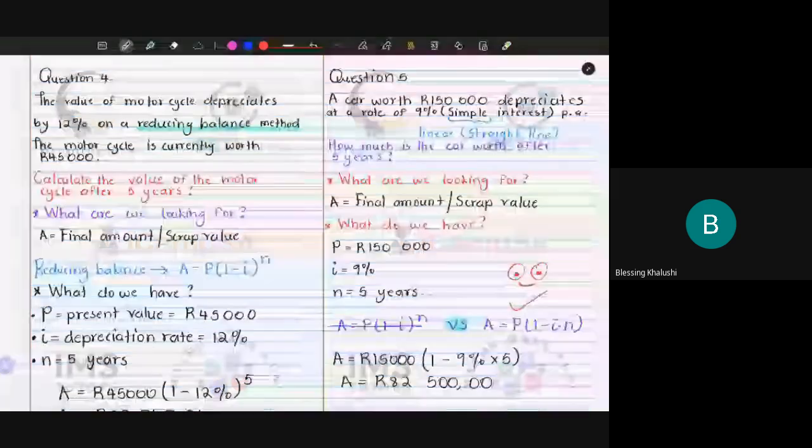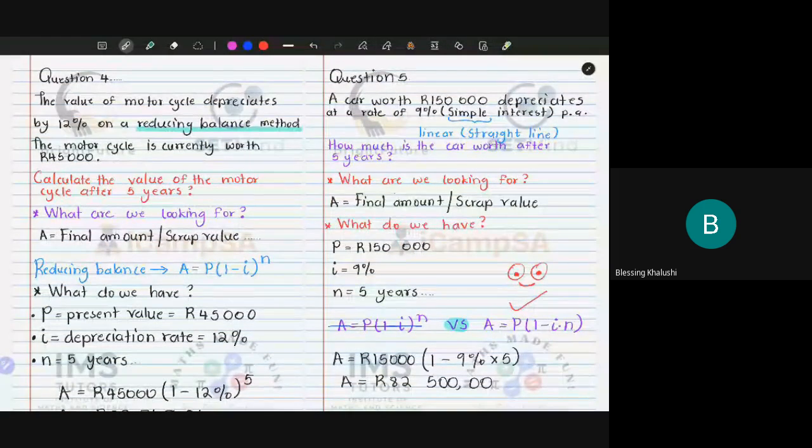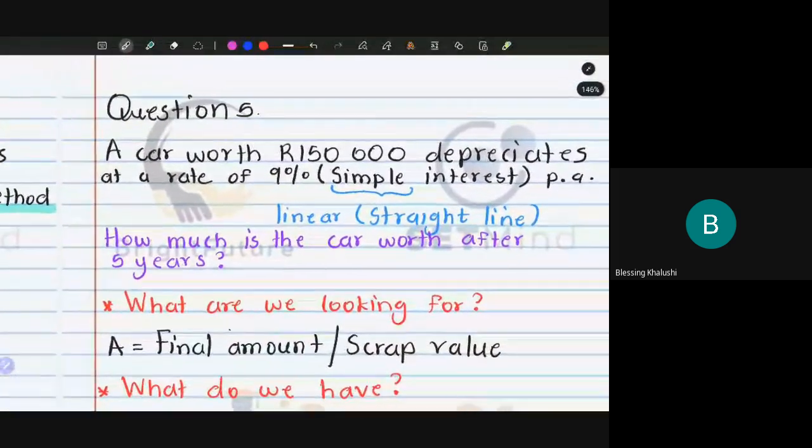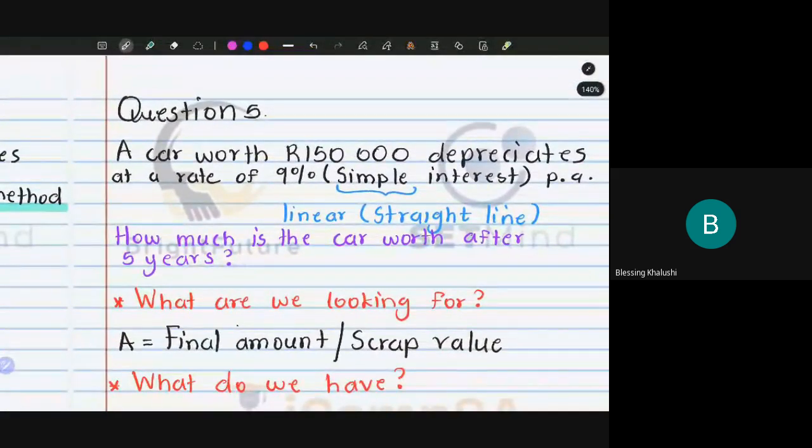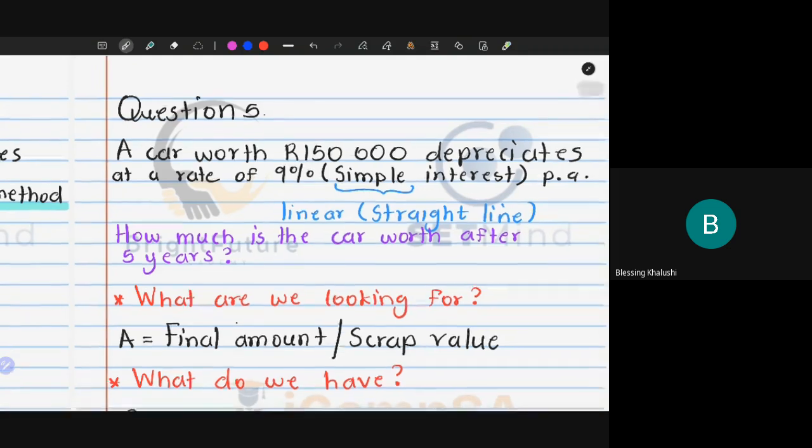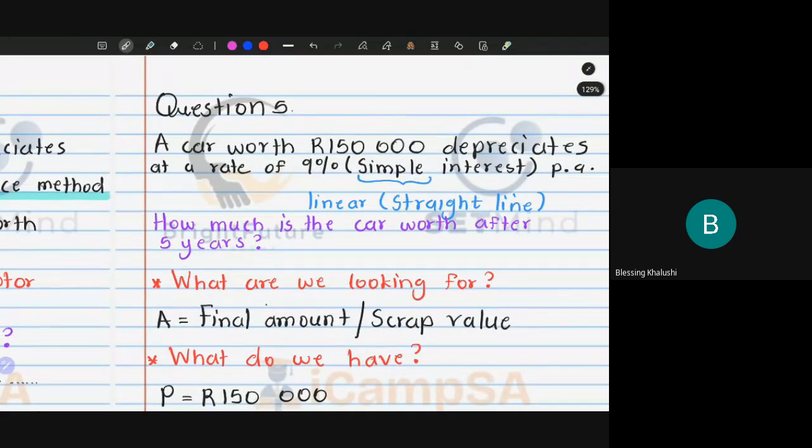So maths is useful, guys, isn't it? I mean, look at this. You can go to someone and say, is your car new? But that is not the right question. You don't ask people if their car is new. But anyway, assume it is. Then they say it is 150,000. You say, I can help you estimate how much your car is going to be worth after 5 years.